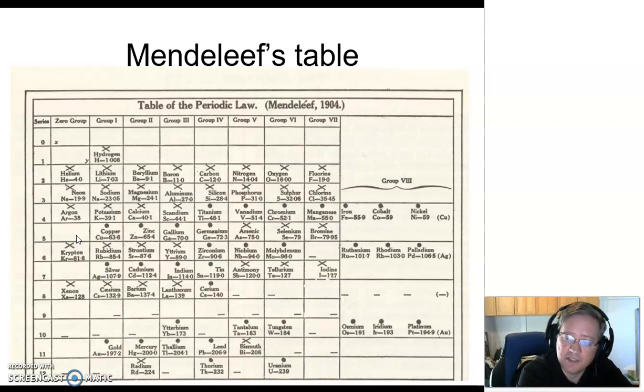So what would his testing experiment be? Well, those gaps represent elements that Mendeleev knew there had to be, yet they just weren't discovered. So he was actually able to predict the size of the elements, the atomic mass, and what those properties would be before those elements were ever discovered.